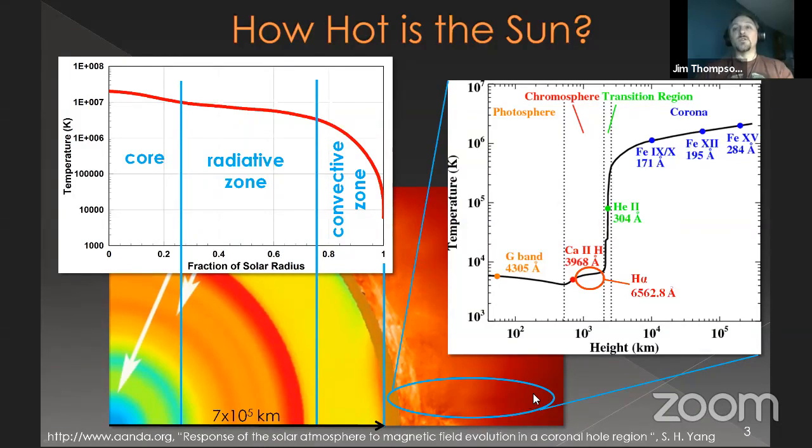So you could fly your spaceship through the corona, and even though it's at 1,000,000 degrees Kelvin, the density of the material is so low that it would not have any impact on you. It wouldn't transfer enough total energy to you to heat you up because the atmosphere is so thin. So I don't know if that helps to answer the question.